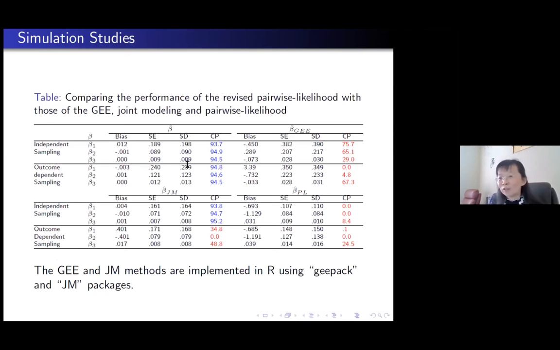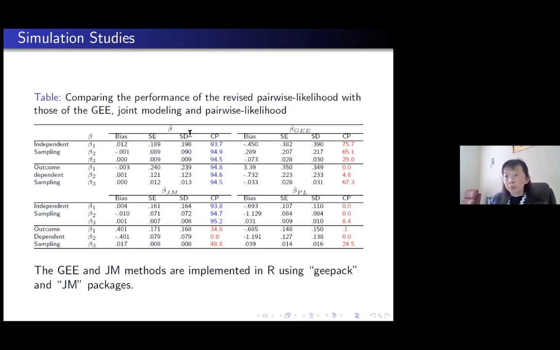So now let's look at some simulation results briefly. We compared the performance of estimators from 4 methods: the GEE method, joint modeling of longitudinal outcomes and informative censoring, the pairwise likelihood in our early paper, and the revised pairwise likelihood.